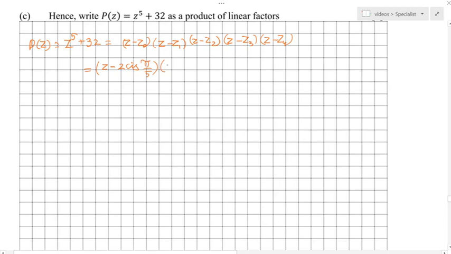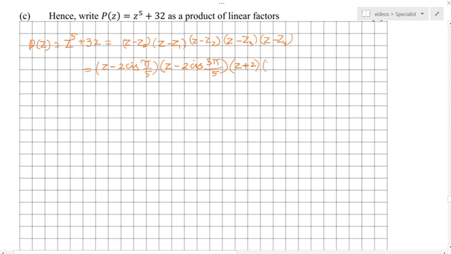That's my z0, z minus 2 cis pi over 5. z1 is 2 cis 3 pi over 5. Third factor is z minus z2, which is equal to z minus minus 2, so it becomes z plus 2.